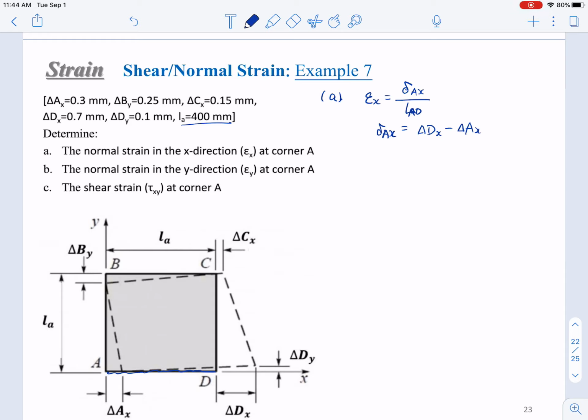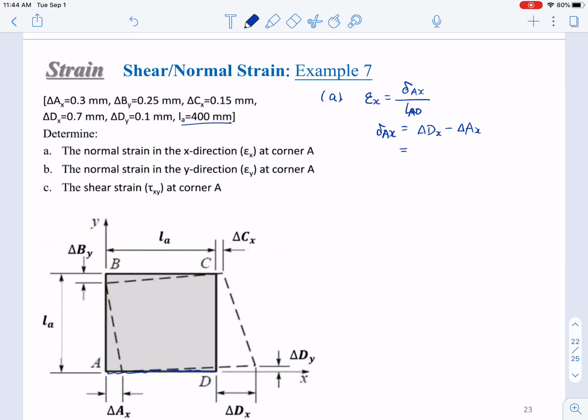So from here we can get the overall deformation along X direction. This is just along X direction, not the true deformation of AD. We're not using A prime D prime minus AD to calculate the deformation of the side AD. We're calculating the deformation along X direction at point A. So this will be delta DX minus delta AX.